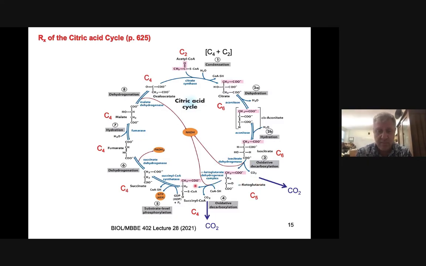Alpha-ketoglutarate plays a key role in the commitment because we can take this off and do things with it, or we can commit it to its transformation back into a 4-carbon constituent, rearranging the bonds and getting more NADH and FADH2, and in this case GTP, from that particular system.